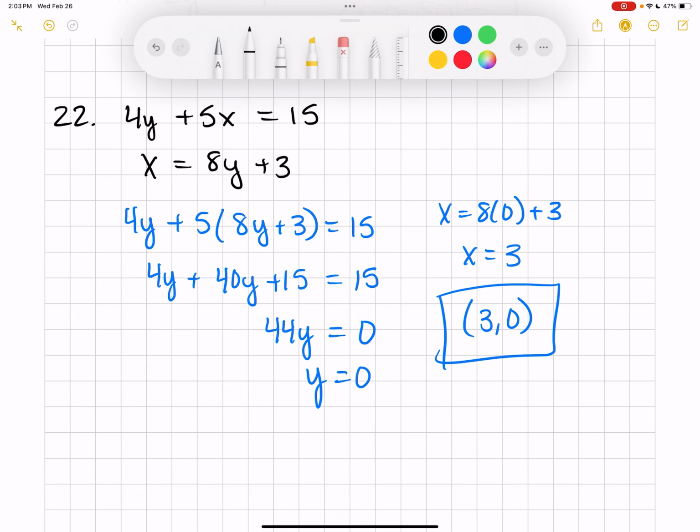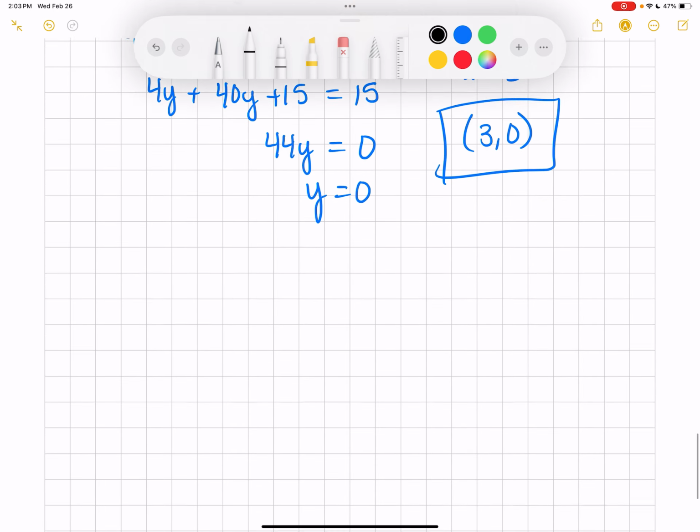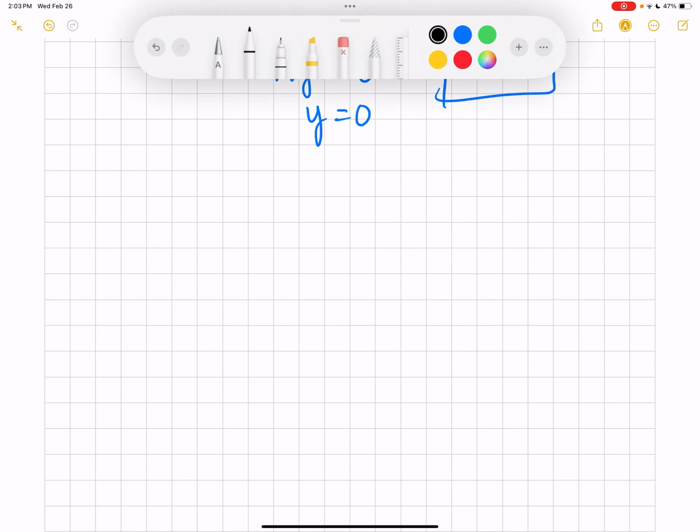So essentially, this is what we were doing in the first thing. Number 26: y equals negative 6x minus 2, and 12x plus 2y equals negative 6. I need to figure out how many solutions these have without solving, so I can't use substitution.